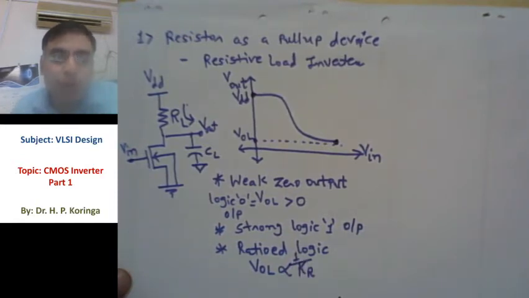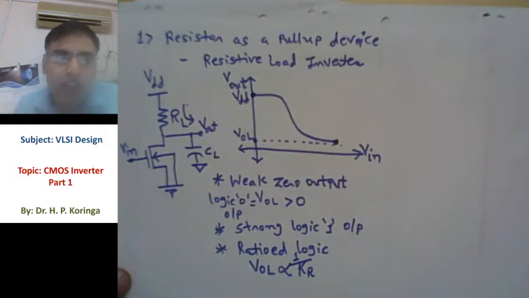So improvement of VOL means we want to reduce the VOL voltage, because the logic 0 output should go toward a strong 0. If you want to go from a weak 0 output to a strong 0, we require a larger transconductance ratio, which will make the VOL tend to 0, or decrease the VOL value.